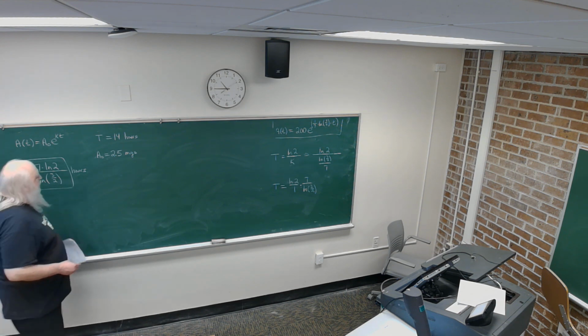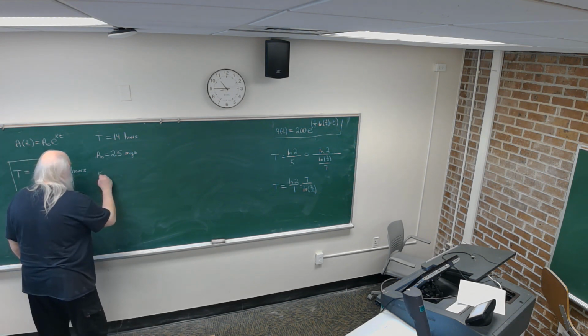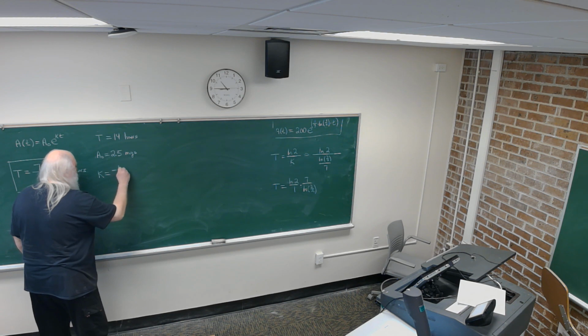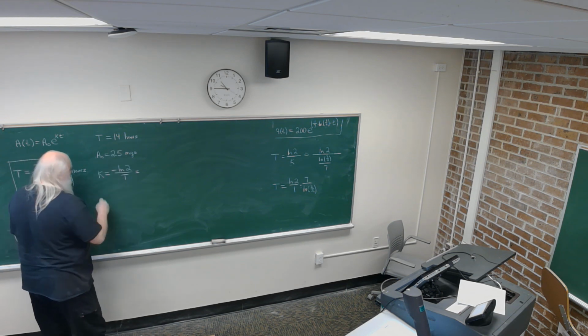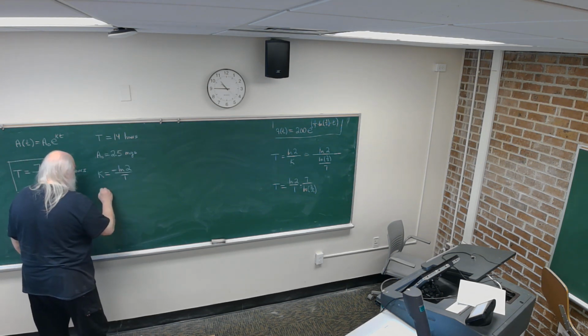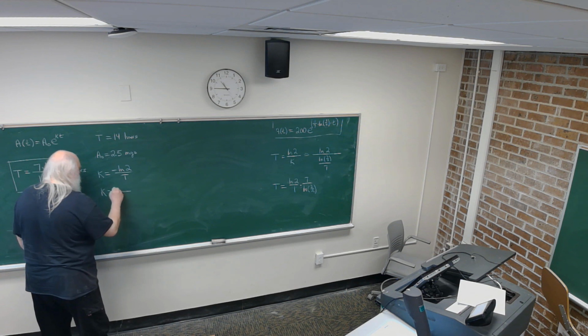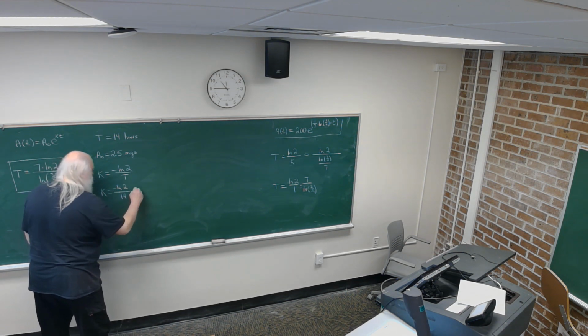So the decay rate K is equal to minus the natural log of 2 over capital T, and T is 14. So the decay rate is equal to minus the natural log of 2 over 14.